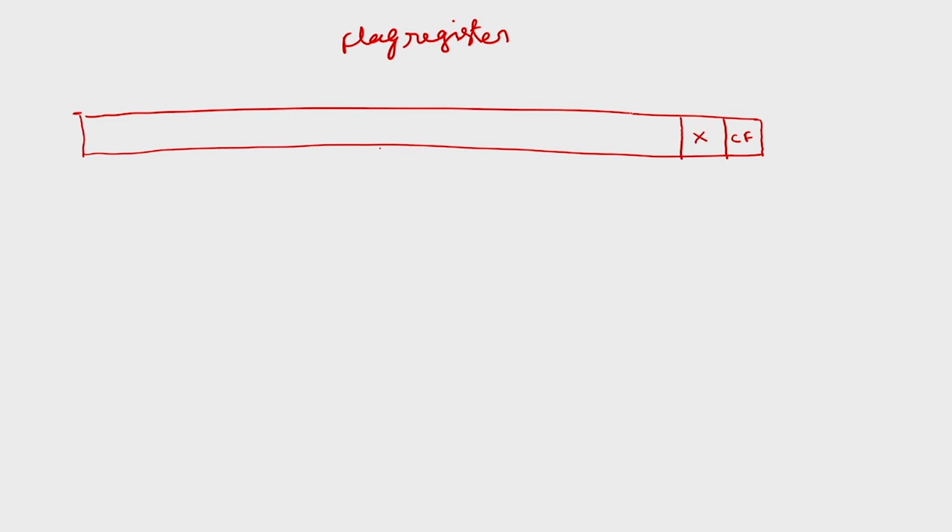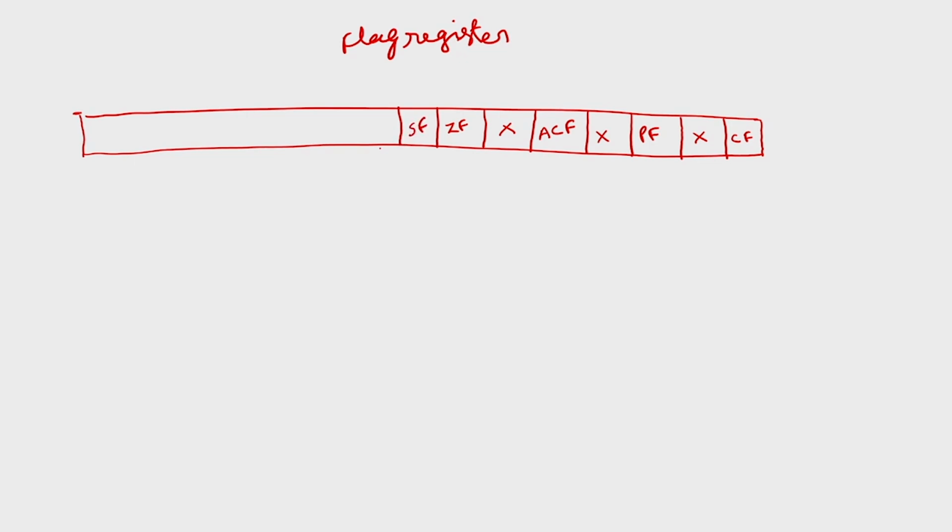Then we have the parity flag, then this position is again don't care. Then we have the auxiliary carry flag, then this position is again don't care. Then we have the zero flag, and the sign flag. So, these 8 bits are exactly similar to those of the 8085 microprocessor.